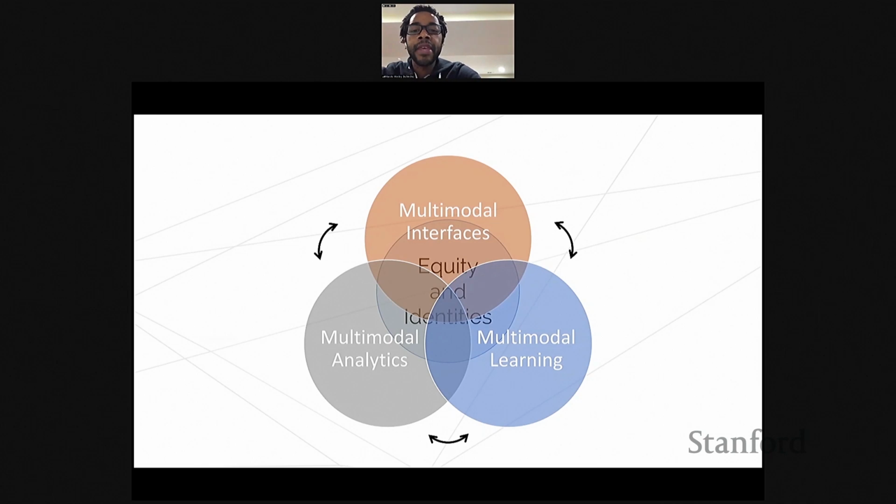That's probably the other big idea I'm going to try to leave with you today: all of these areas can really be used in service of one another in order to help advance some of the goals that we want to see on the theoretical side, as well as on the practical and applied side. So what I'm going to walk through today is some initial core ethical commitments, and then projects within each one of these areas: multimodal interfaces, multimodal learning, and multimodal analytics.